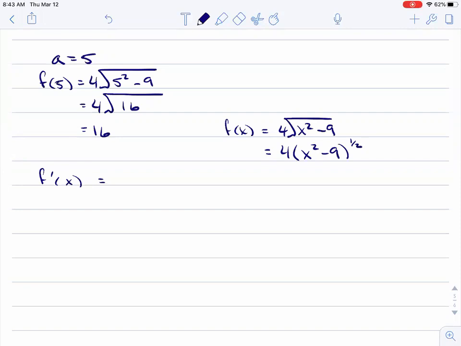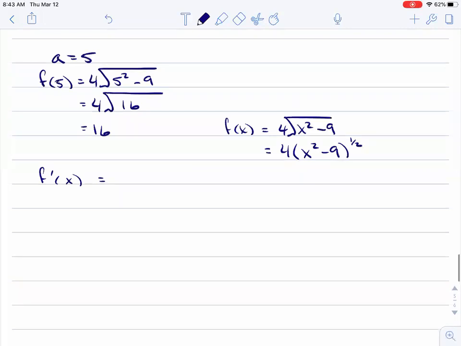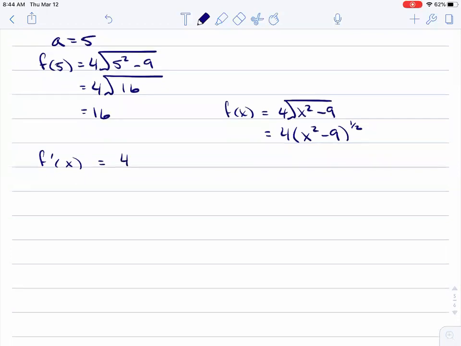If I have to take the derivative of this, I'm looking at a chain rule. I've got an outside function and an inside function. And so I've got 4 times 1/2 times x squared minus 9 to the negative 1/2 times the derivative of the inside, which is just going to be 2x.